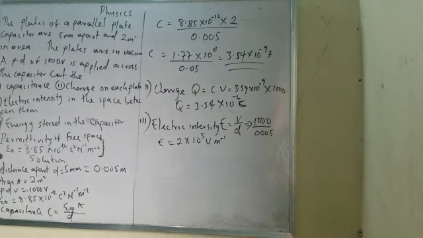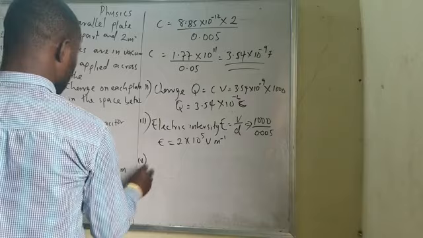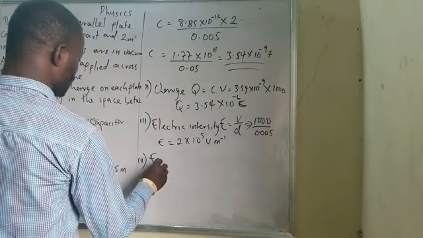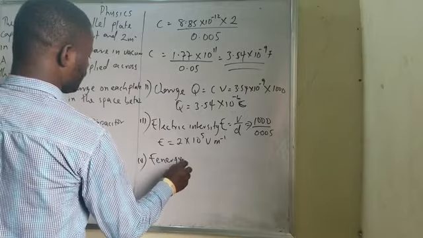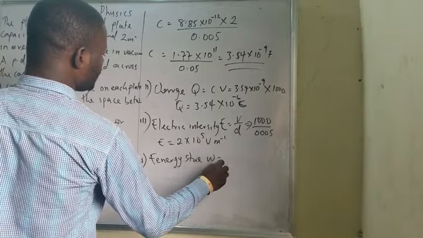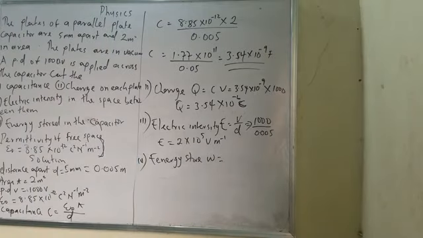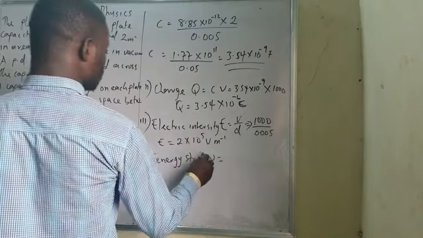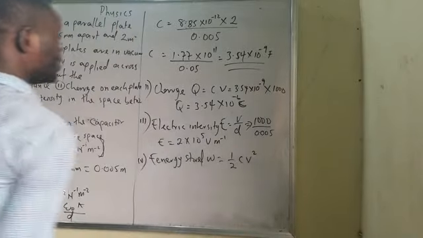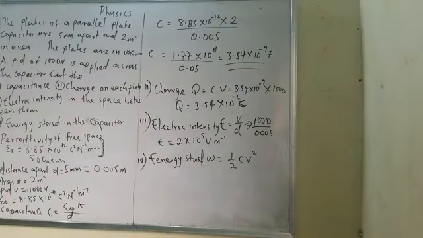The last one, which is number 4, is the energy stored in the capacitor. I've told you that the energy stored is always denoted by W, and it will be equal to 1/2 CV squared, which I've explained earlier.